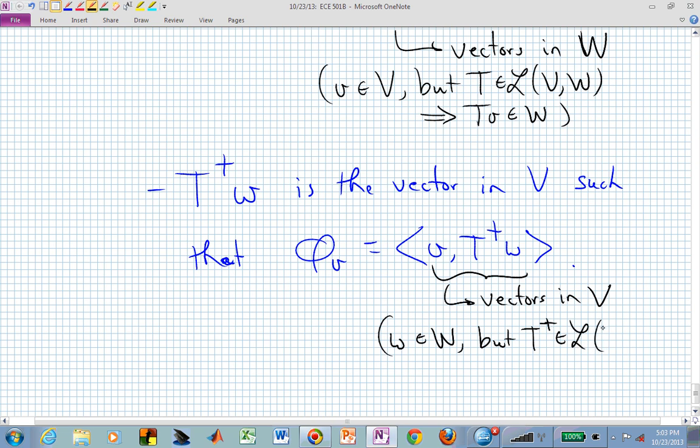I haven't really said that yet, but it's W to V, which now says that T dagger W must be in V.